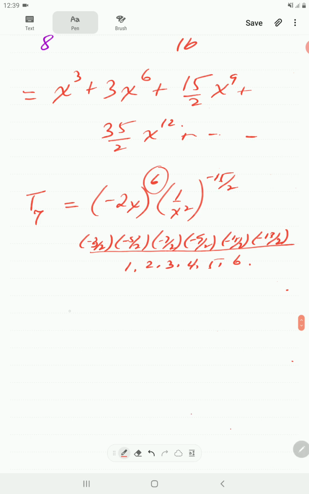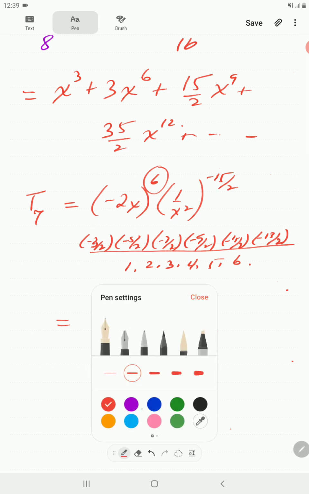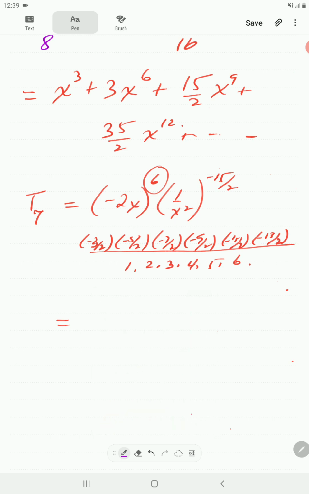Then we simplify this. We can cancel out some terms. For instance, 5 goes, 3 goes, yeah, so that's about it in terms of terms that cancel out.